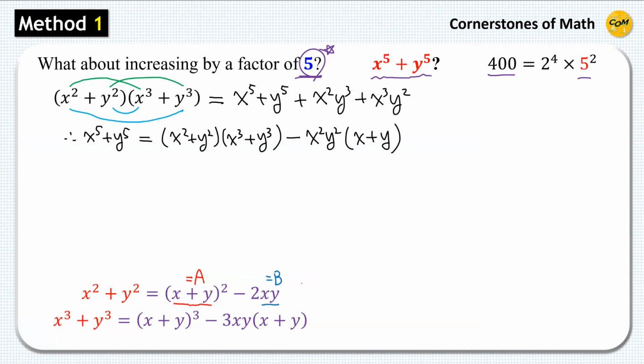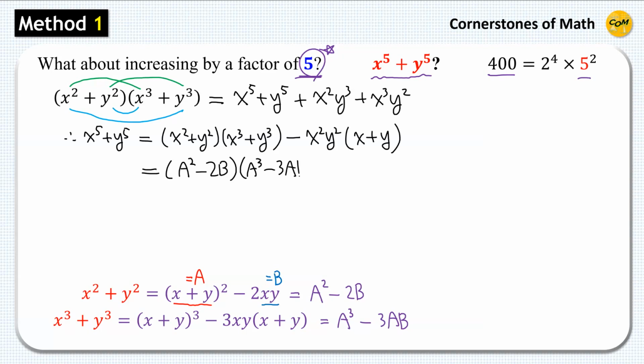For simplicity, let us substitute x plus y with a and xy with b for now. Then this equals a squared minus 2b, and this equals a cubed minus 3ab. Therefore, this equals a squared minus 2b here, and a cubed minus 3ab here, and minus ab squared.